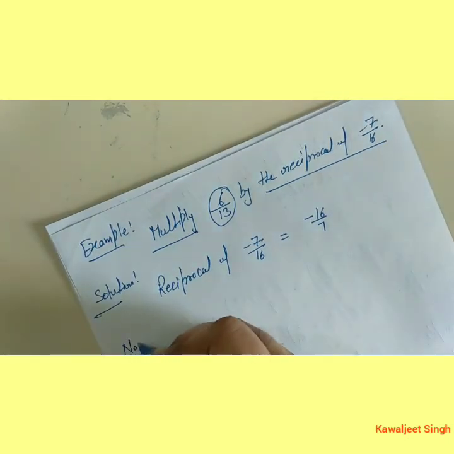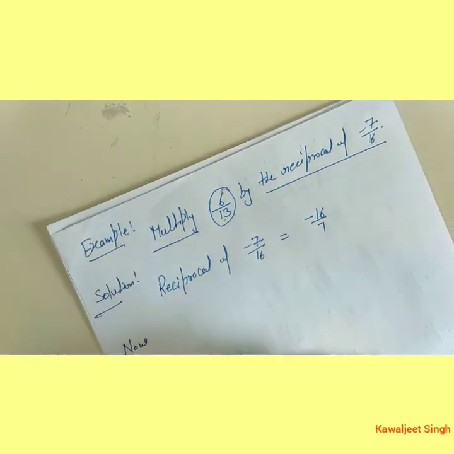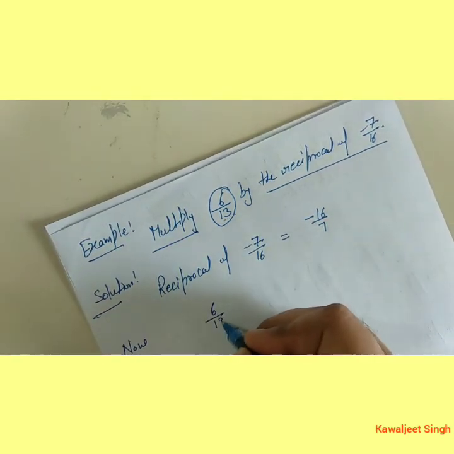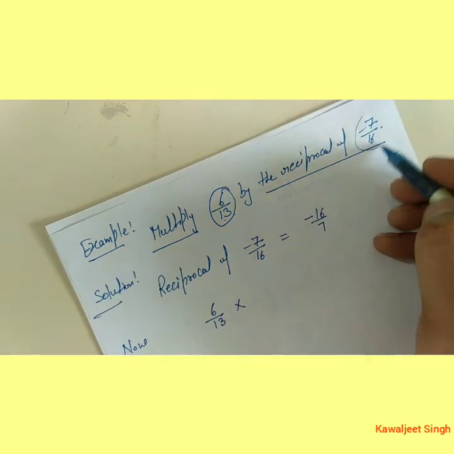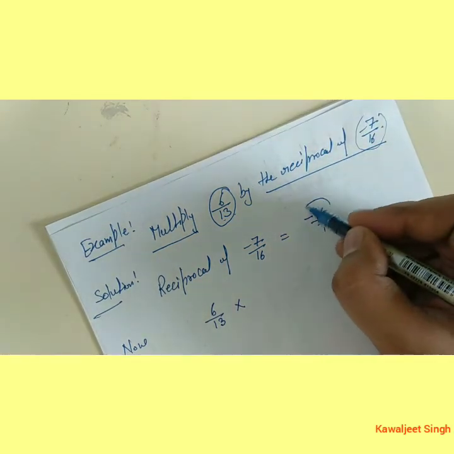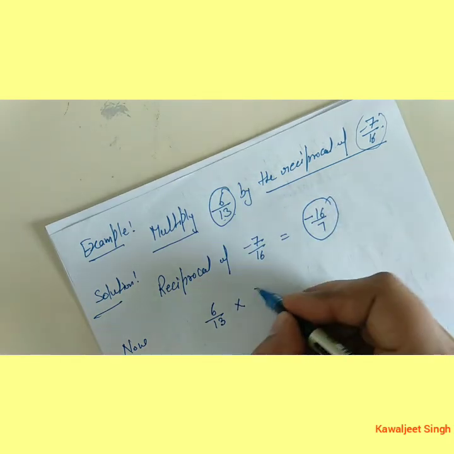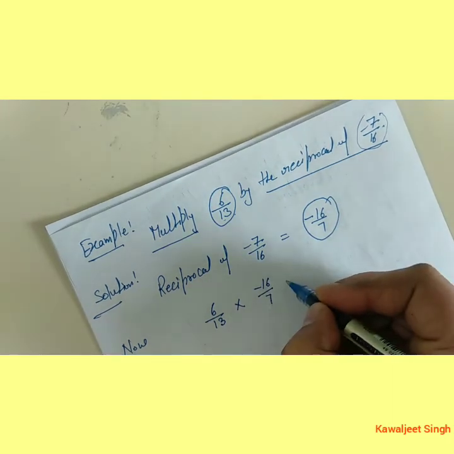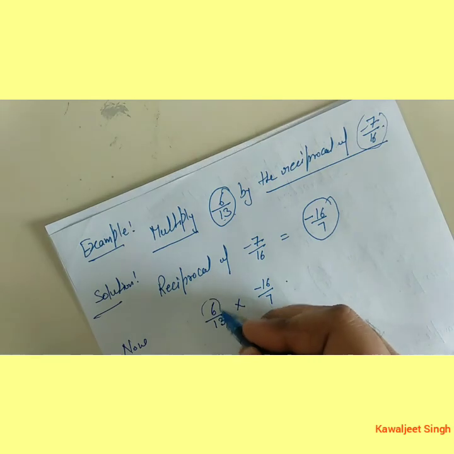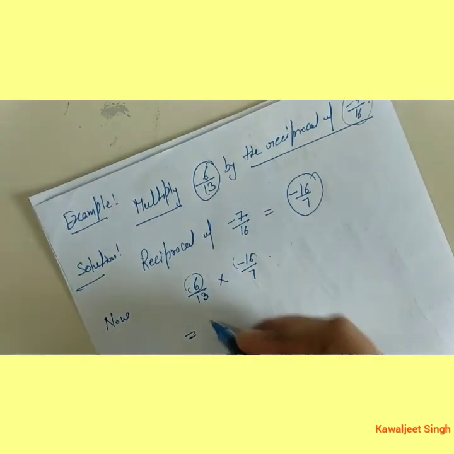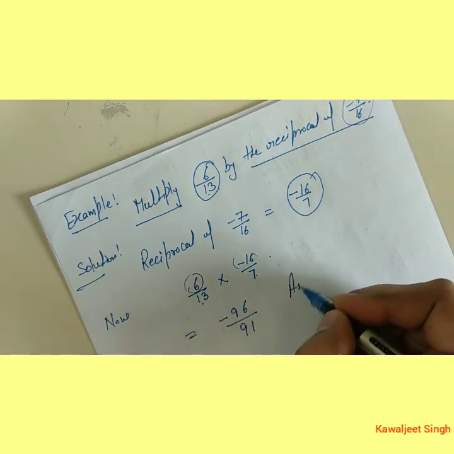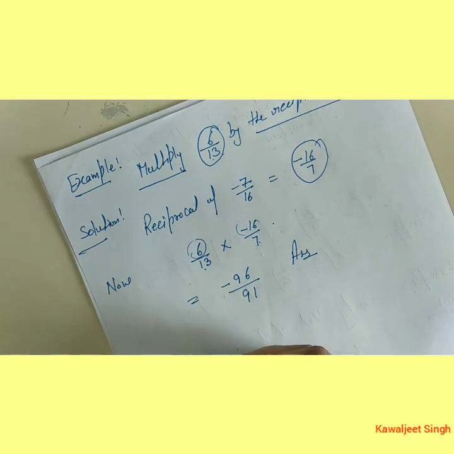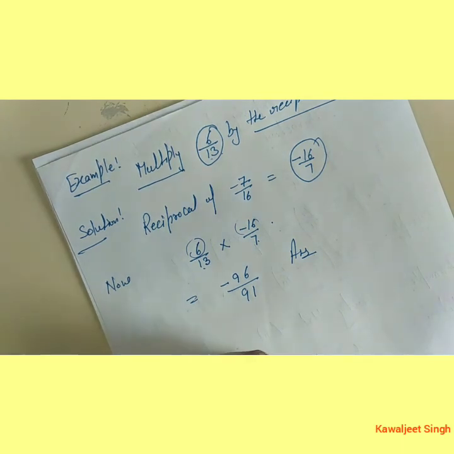Now they said multiply 6 by 13 by the reciprocal of minus 7 by 16, which we get here as minus 16 by 7. Now the product: 6 multiplied with minus 16 becomes minus 96, and 13 7s are 91. That's our answer here.